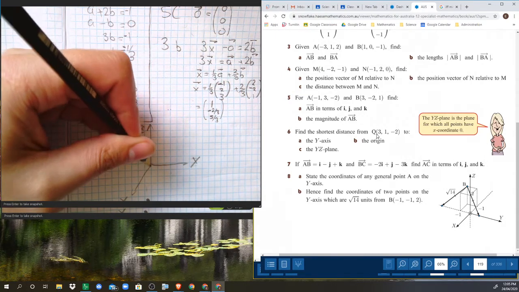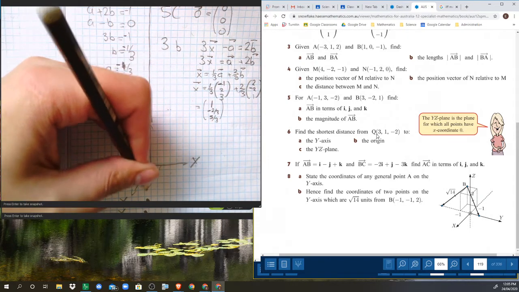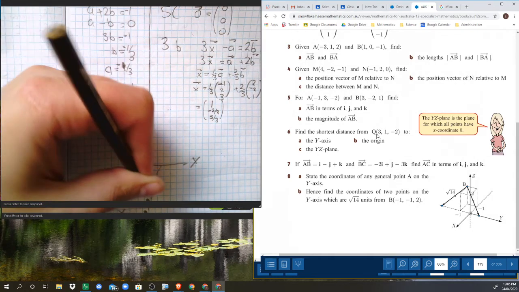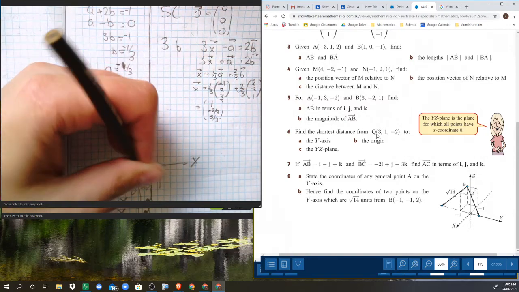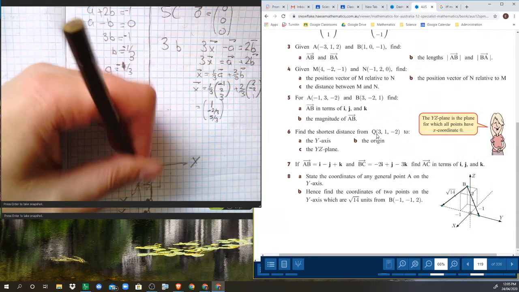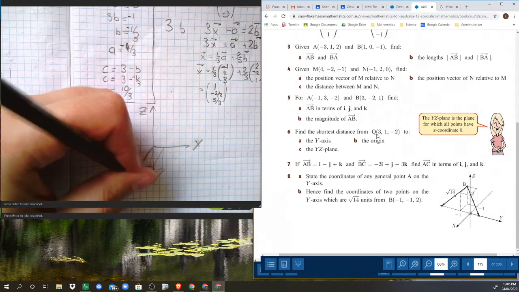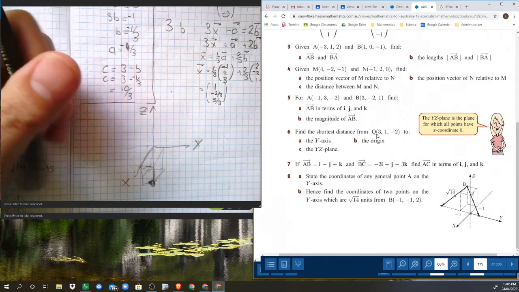So 3, 3, 1, and then down 2. So there's your rectangular prism that makes that up. That's very poorly drawn, but it's just a little sketch. Okay, so the y-axis is here.